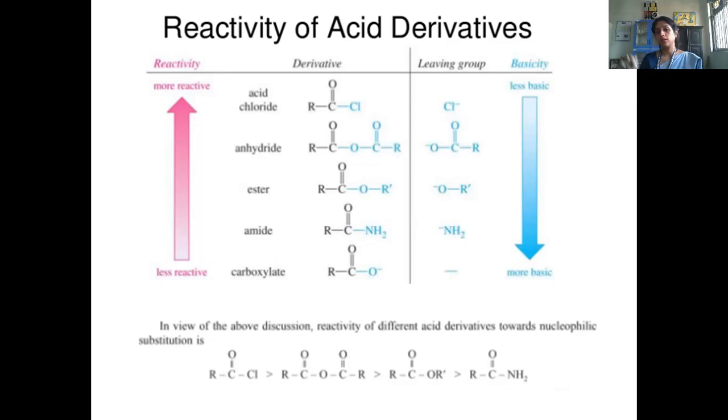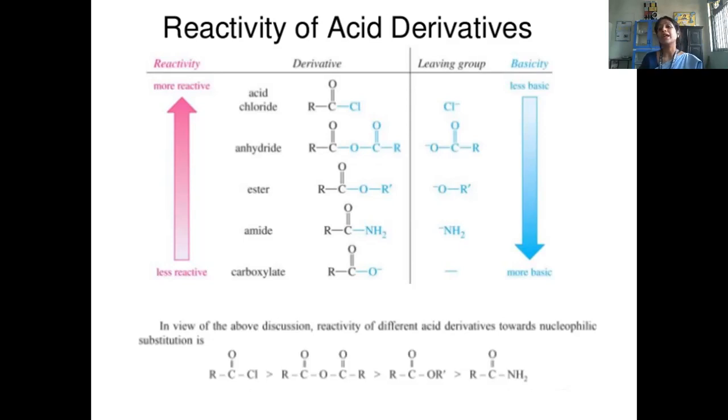Now, this tendency for nucleophilic acyl substitution depends a lot on the nature of the leaving group. If it is a good leaving group, it will leave faster and the reaction will be faster, and the acid derivative will be more reactive towards that reaction.